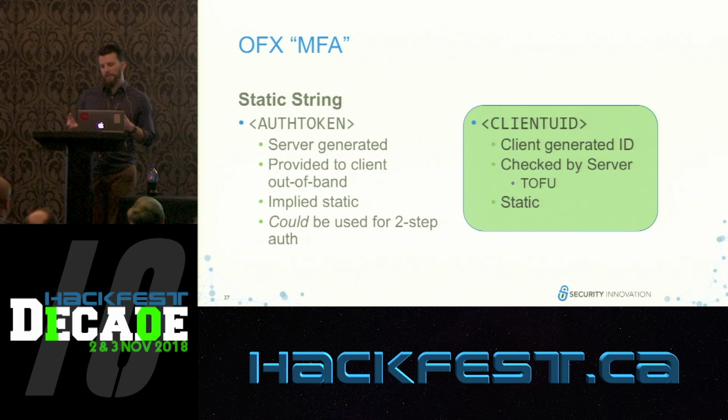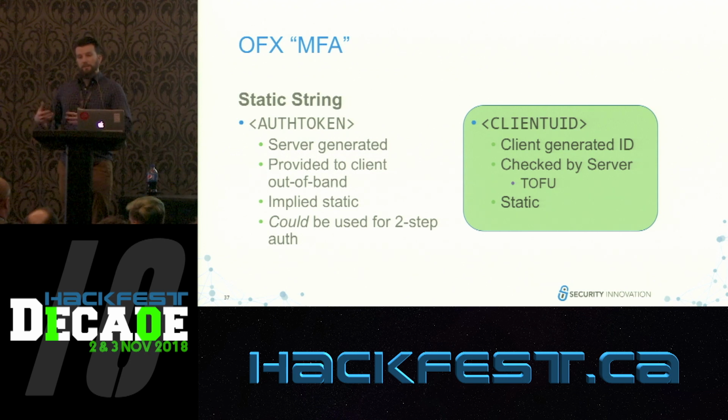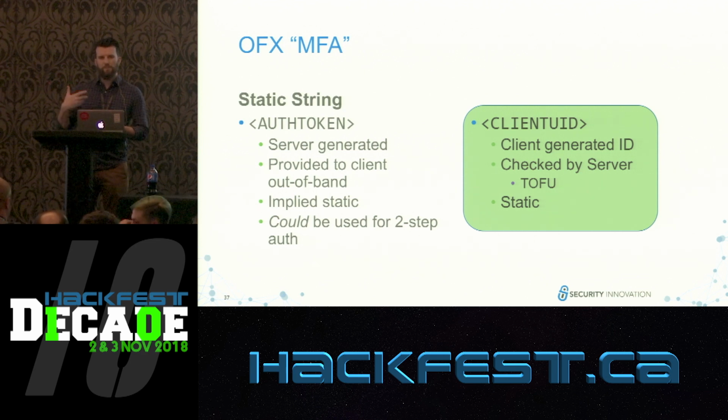What banks are using is the client UID. The client generates some GUID, trust on first use. I'll send this to you the very first time I connect. The bank server remembers that GUID. And then forevermore, if I connect to you, I have to provide that same GUID or you deny me. That's the second factor. Also something you know, also something you made up.